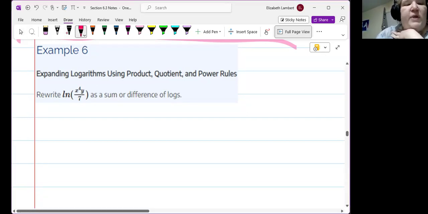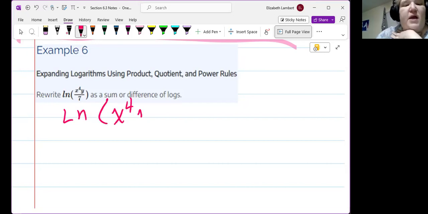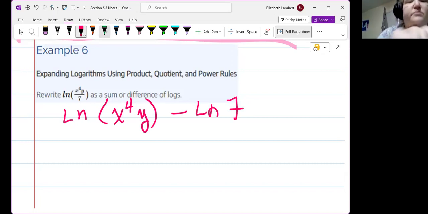So we can rewrite this as the natural log of x to the 4th y minus the natural log of 7. And then that x to the 4th times y, we use our product rule.